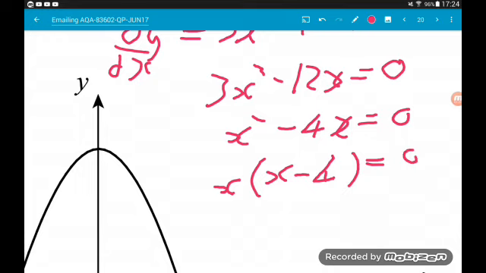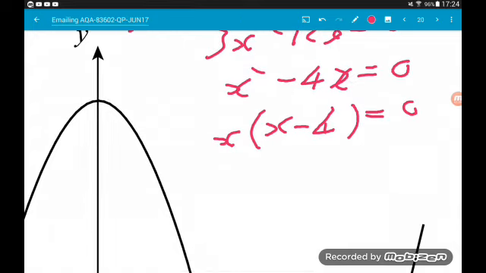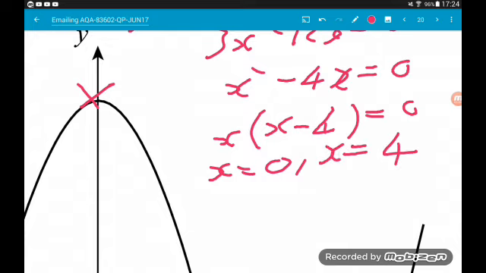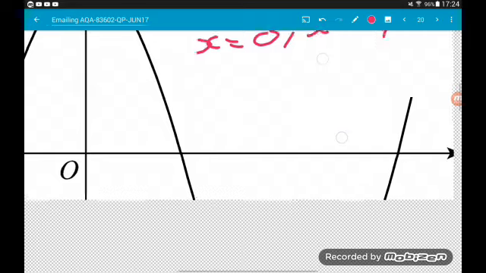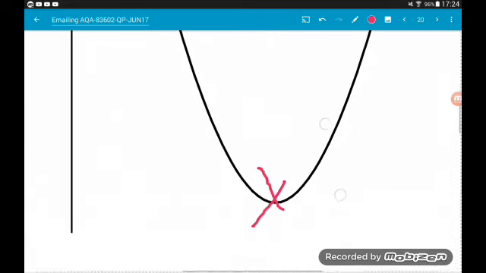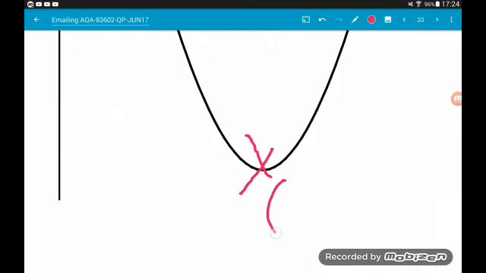So we've got two possible solutions for x. Either x is 0, but that is for this stationary point up here. We don't want that one. We want x equals 4. So there's half of what we're after. We know the x-coordinate is 4.